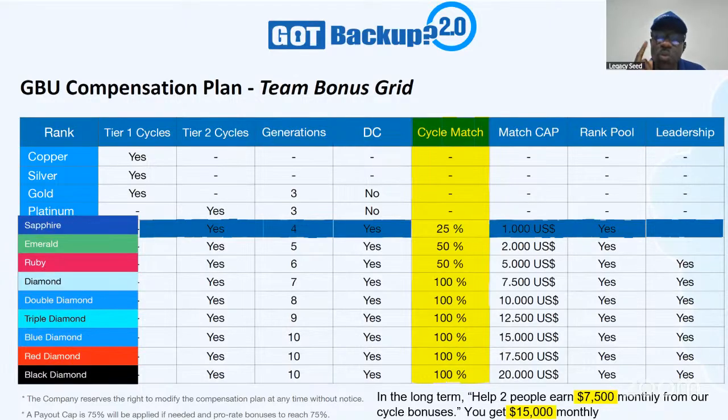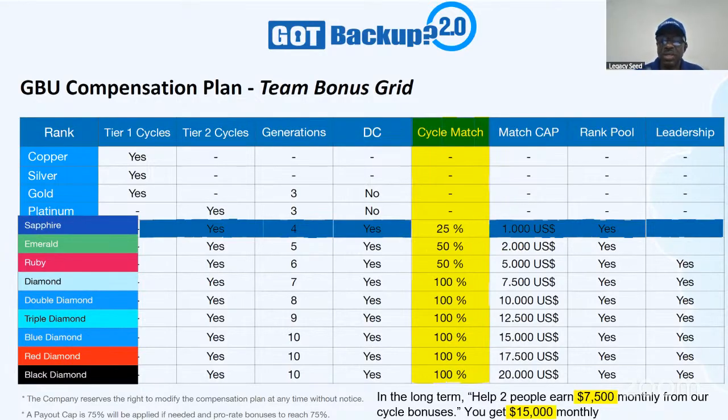How much is that? $1,000. If there are about 15 people, that's $15,000. If the amount wasn't $1,000 but lower, then you make lower. If it was higher, you make higher.